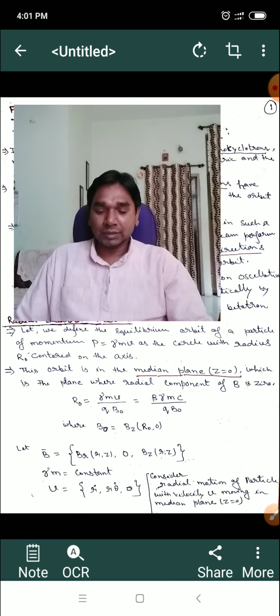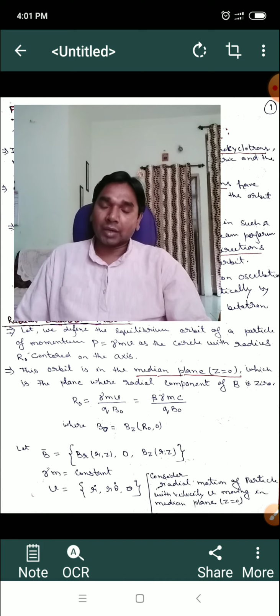In all cases the fields are designed in such a way that the particles comprising the beam perform oscillations in the radial and axial directions about the closed orbit or equilibrium orbit. These oscillations are known as the betatron oscillations.